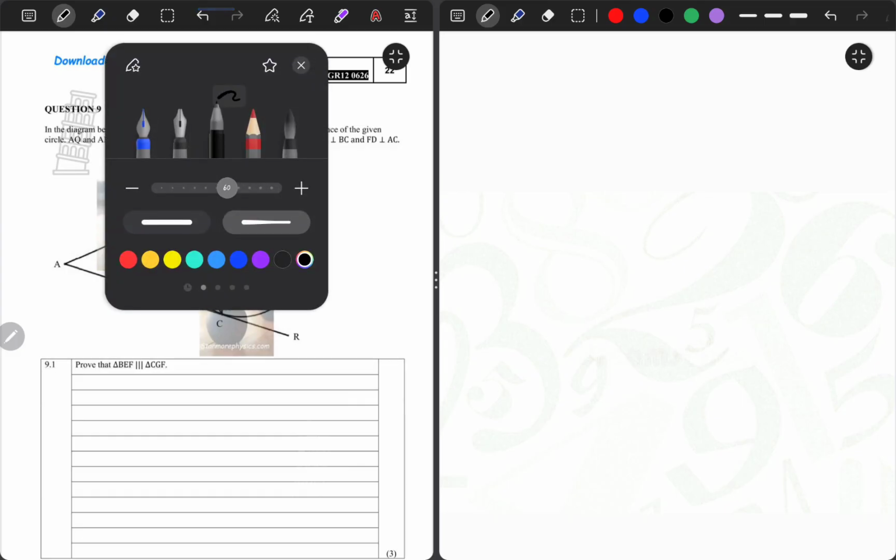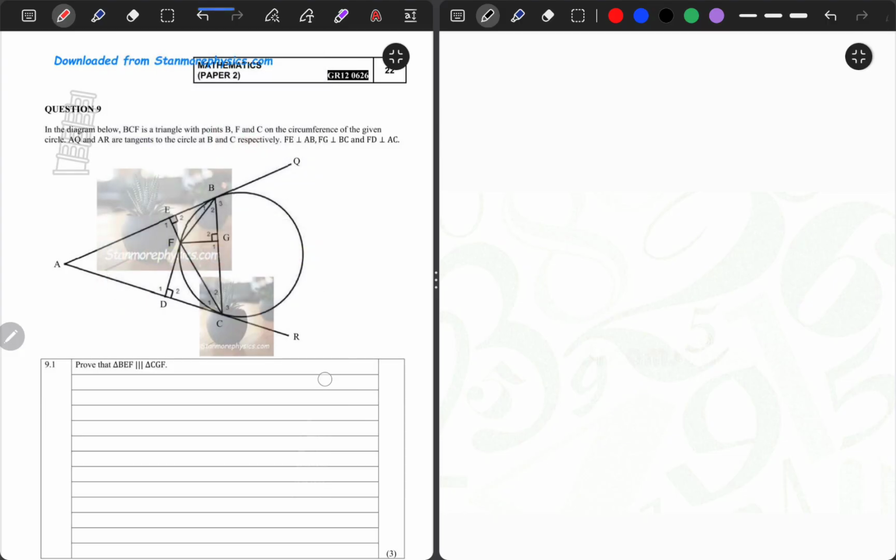Let me mark it. Let me use red. So BCF, here it is.